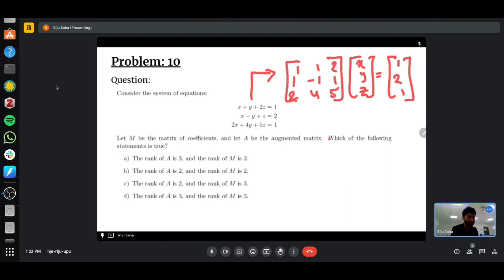When you perform the matrix multiplication, you get back the same expression which you have here. That is why we can recast this system of equations in matrix form. So this is my coefficient matrix.